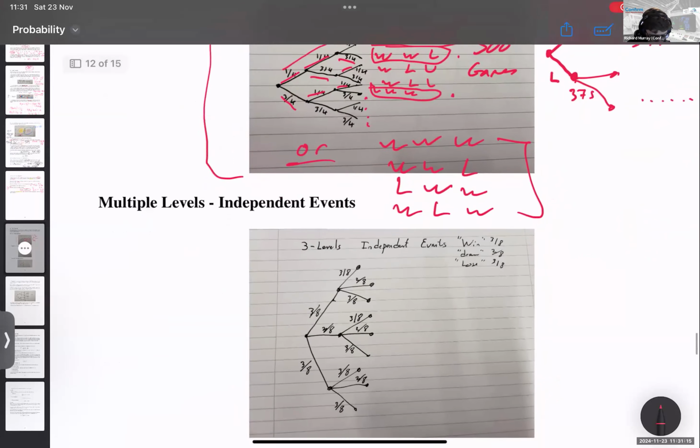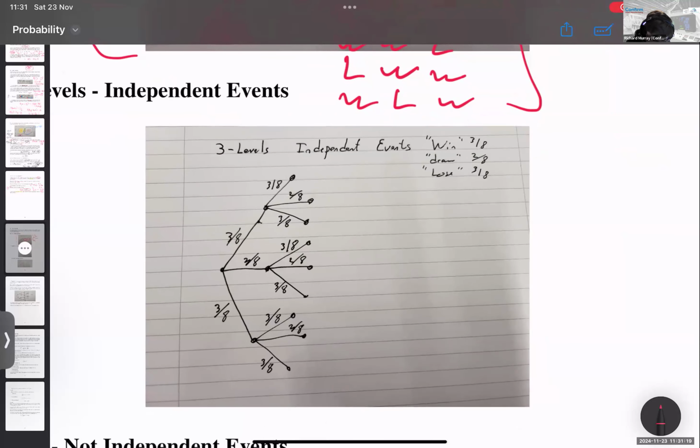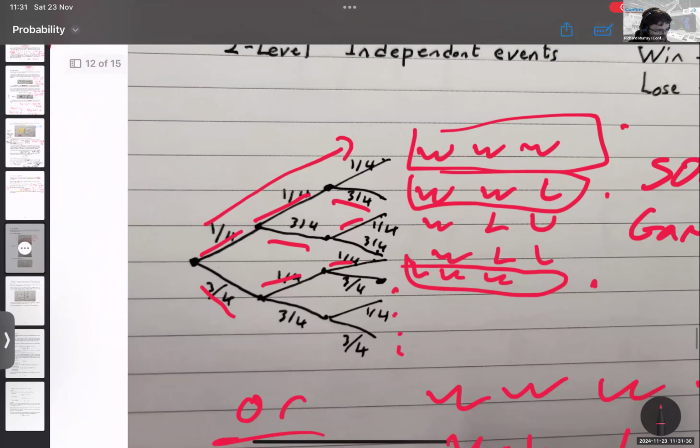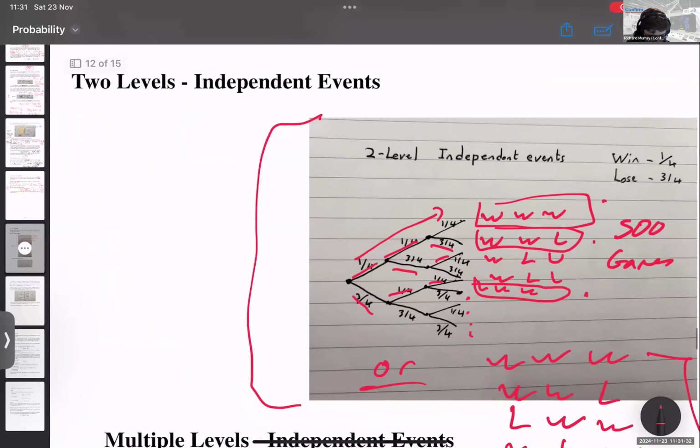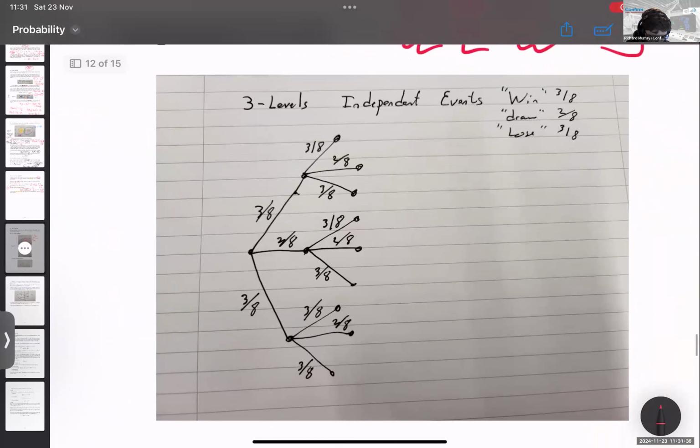Now, there's nothing that restricts us to just 2 levels. We can have a 3 level, so we could have a win, a draw, and a lose kind of outcome or anything like that. You see that the diagrams get very, very complicated. While over here I drew my 3 steps, I've only drawn 2 steps here for our 3 level. So I've had our initial point, our win, draw, lose.